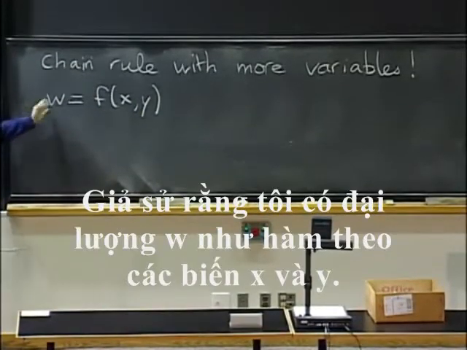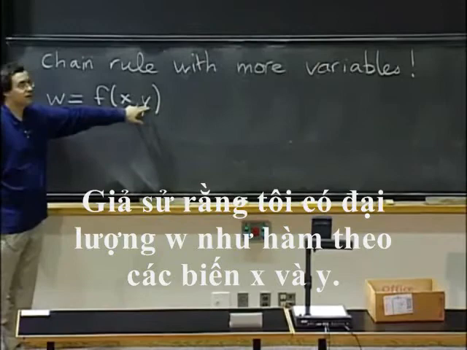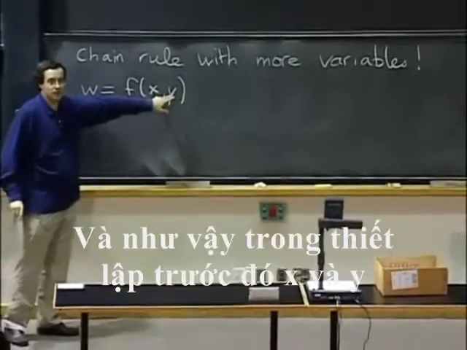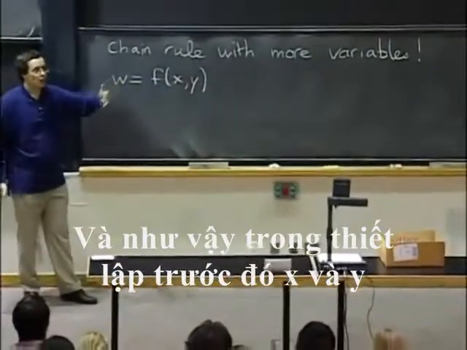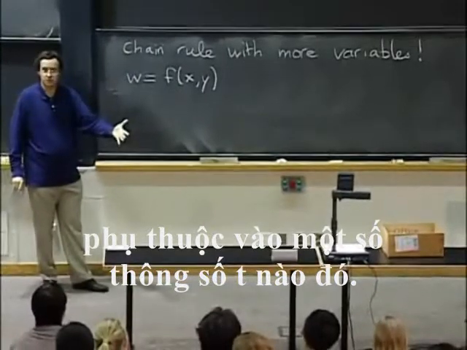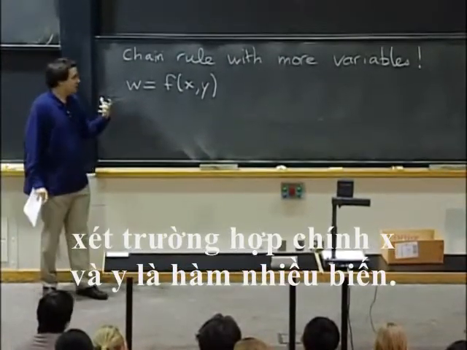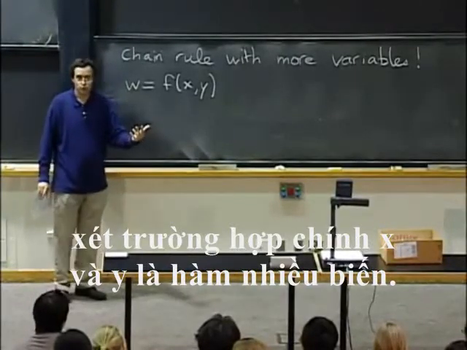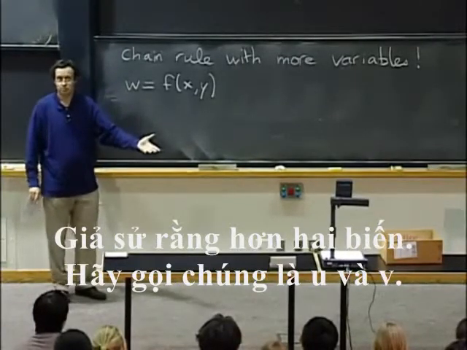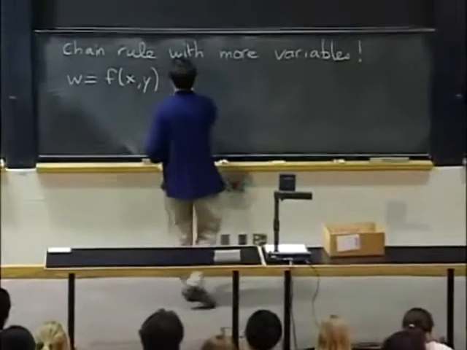So let's say I have quantity W as a function of, say, two variables, x and y. And so in the previous setup, x and y depended on some parameter t. But actually, let's now look at the case where x and y themselves are functions of several variables. Let's say of two more variables. Let's call them u and v.